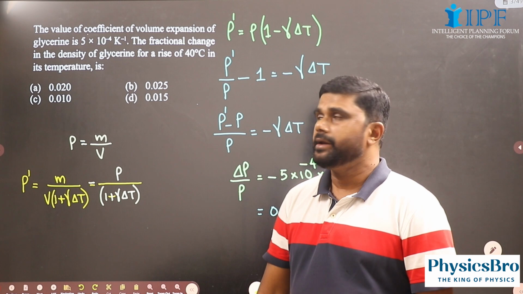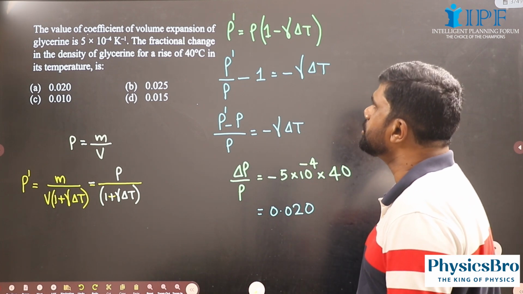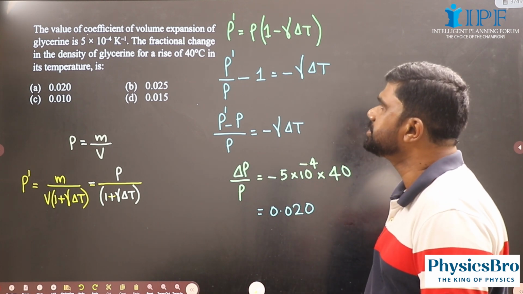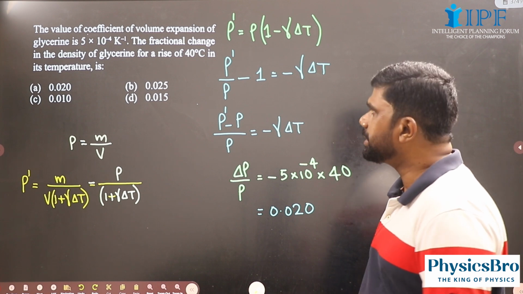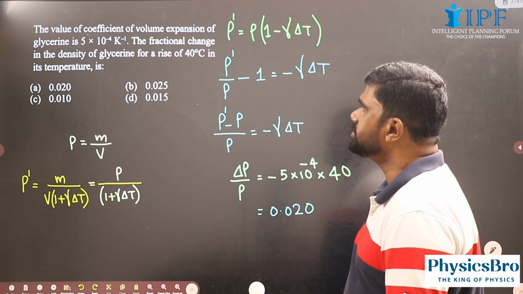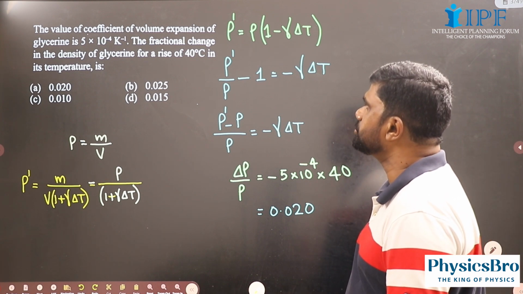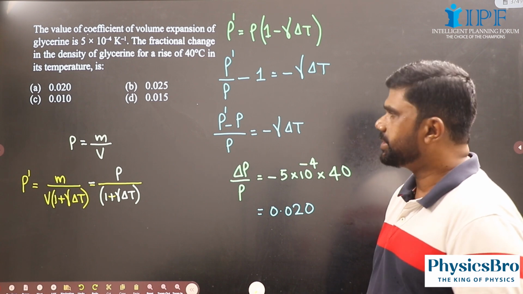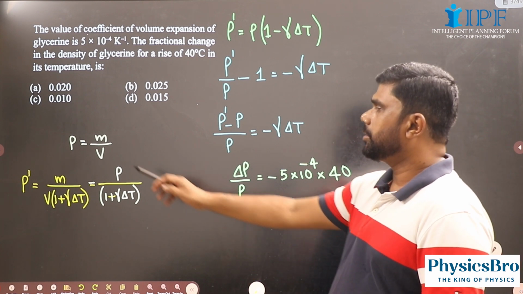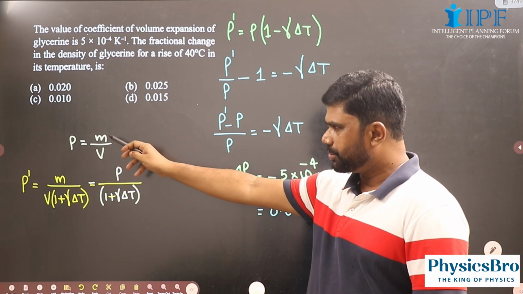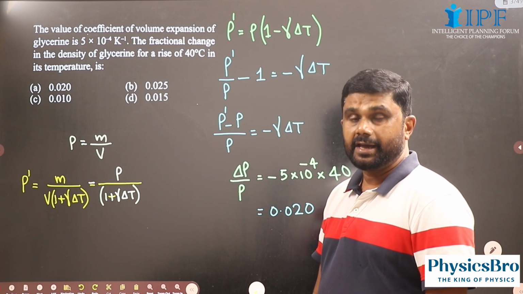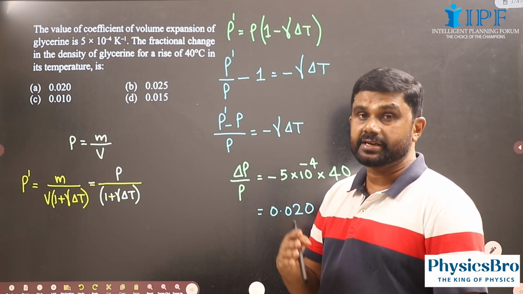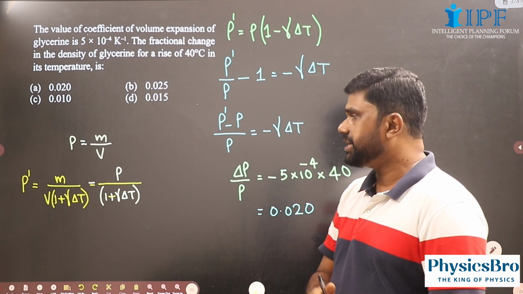Okay. Next, the value of the coefficient of volume expansion of glycerin is 5 into 10 raised to minus 4 per Kelvin. Find the fractional change in the density of glycerin for a rise of 40 degrees Celsius in temperature. Okay, now see, rho, that is the density, is equal to mass over volume. When it is heated through delta T, the mass will remain unchanged.